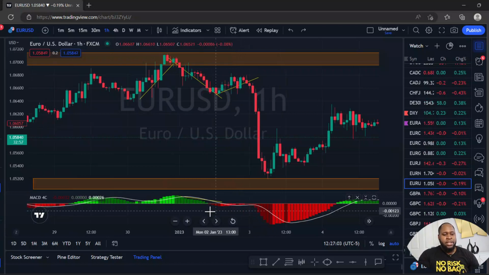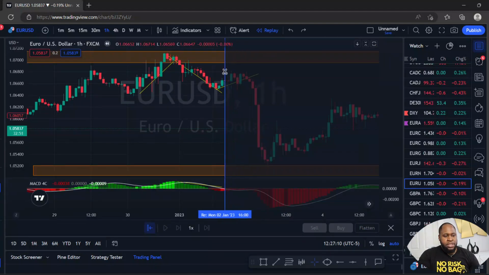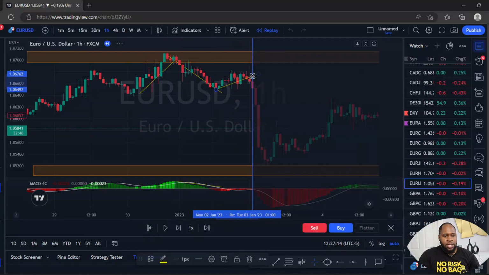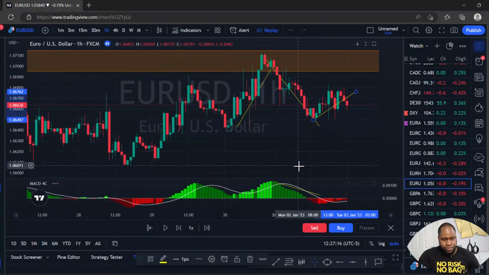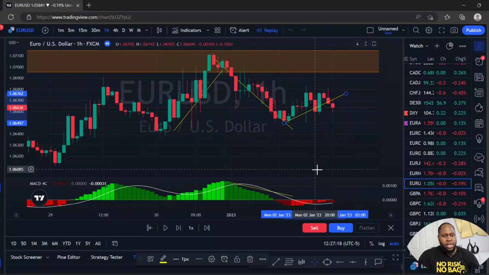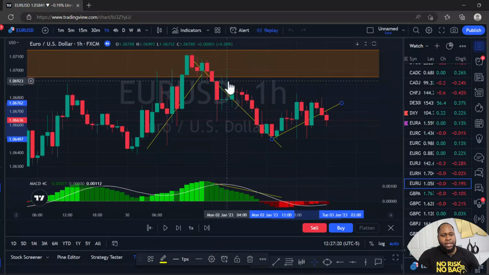To better understand this, let us use the replay, because sometimes it could be a little tough for us to really understand how we would spot this in the live market. So in the live market here, this is what I'm seeing, okay? Price is coming downwards, gave a retest.